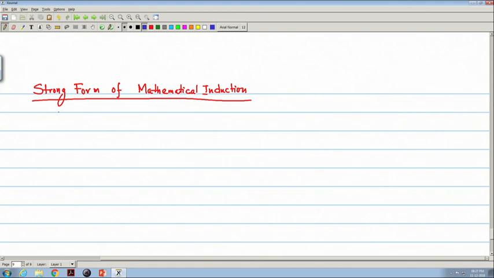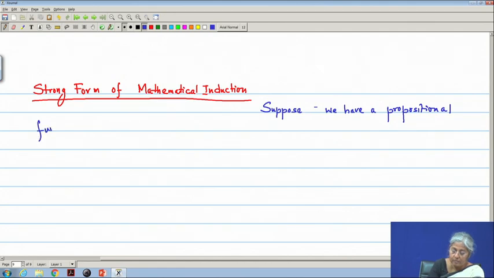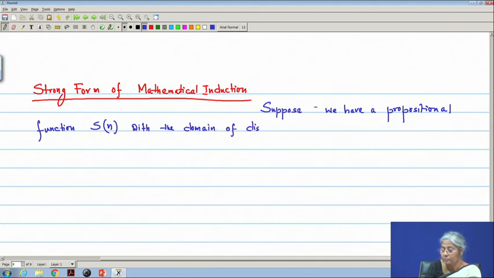So, suppose we have a propositional function, say Sn, in the domain of discourse, which is the set of positive integers.